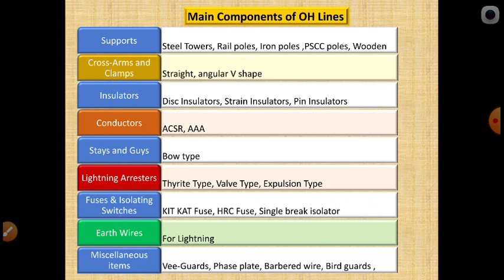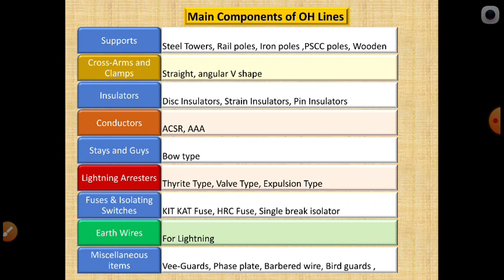Suppose the line breaks, it may come into contact with a person walking on the road or a vehicle going on the road. To avoid that, we use GI wire guarding. If the line breaks and falls on the guarding, which is solidly earthed, it automatically indicates the tripping of the breaker at the substation.